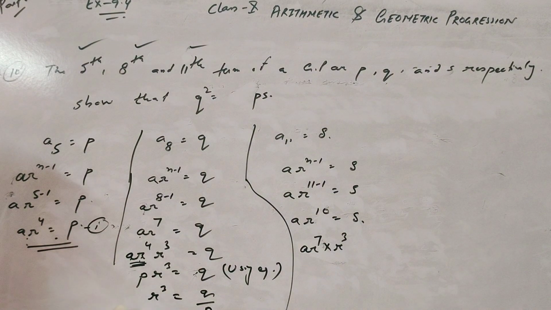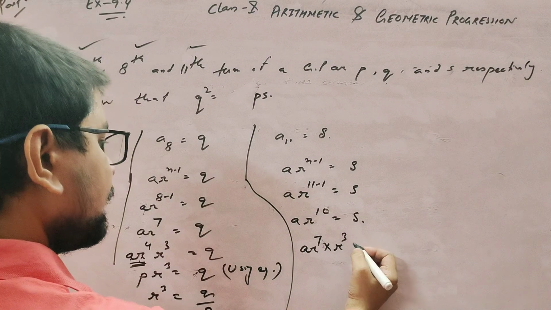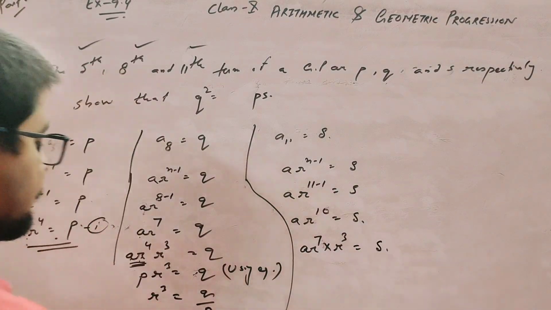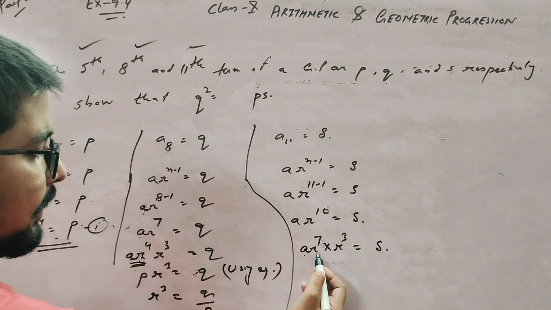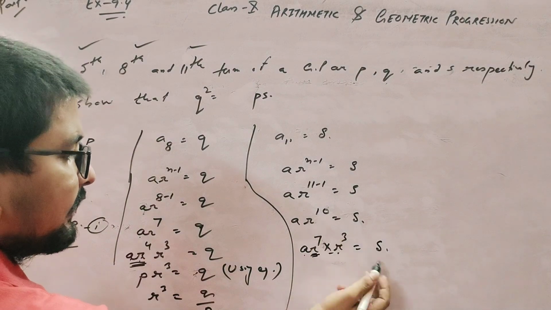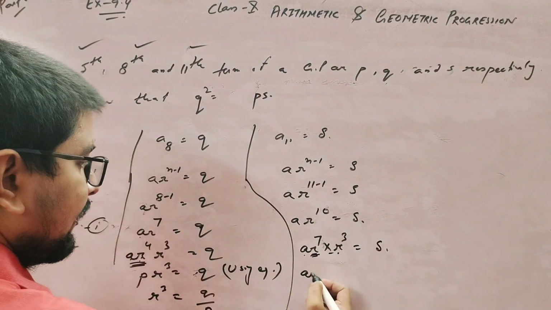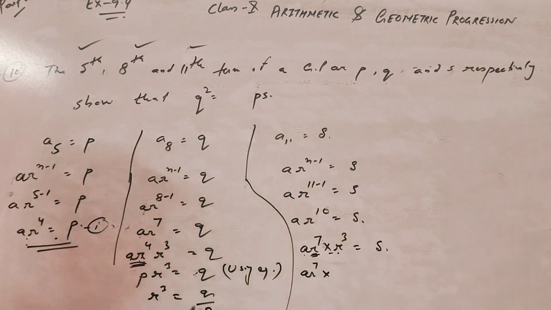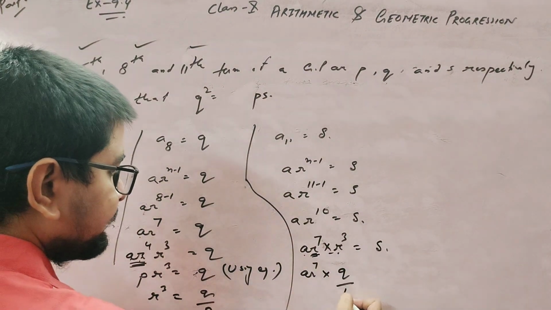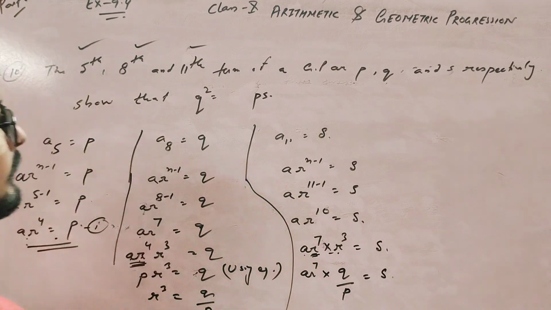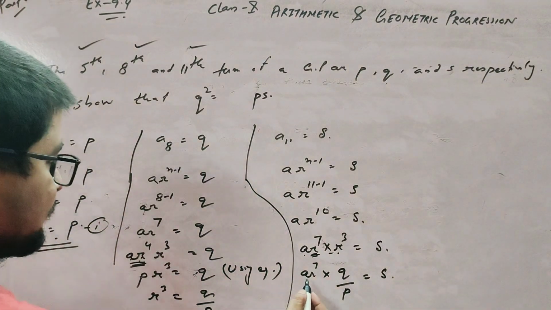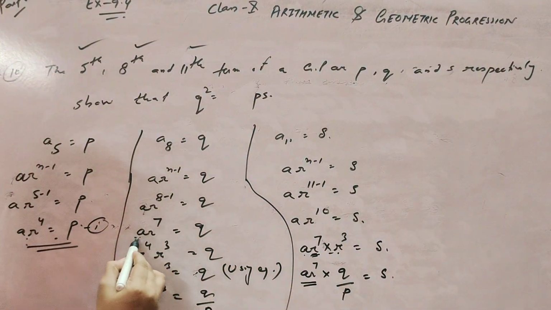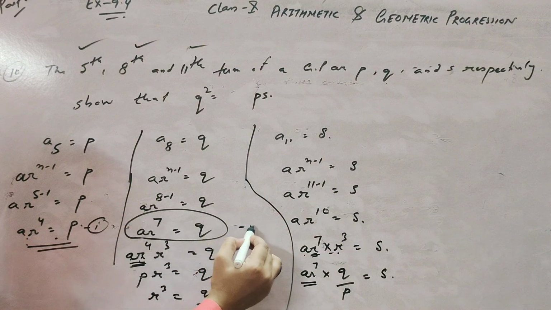You see ar^7 times r^3 equals S, ar^7 and r^3 that is r^10. So in place of r^3 we have the value Q by P, equals S. And in place of ar^7 we have Q from equation 2.